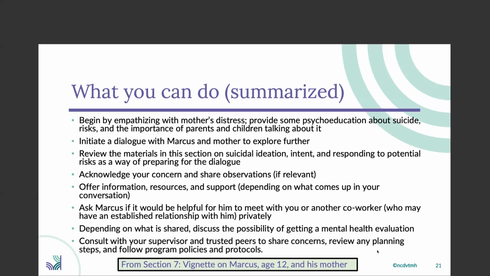And one of the things that we stress in this section is, before you hand this off, if you're very concerned that Marcus is really high risk, before you hand this off to somebody outside of your center for a mental health evaluation or for crisis counseling, we encourage you, if you've got a relationship with Marcus and his mother, to stay with the family so that it doesn't feel like you're passing them on to somebody else.